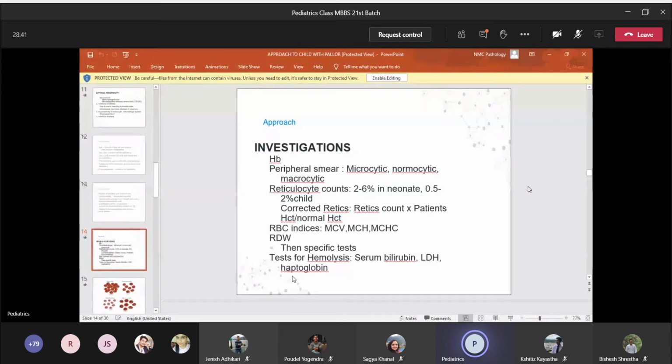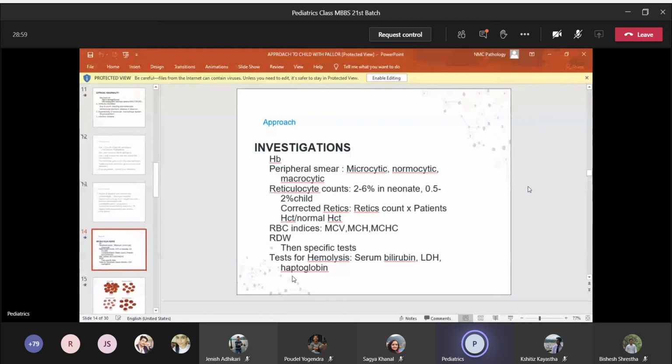So how to calculate the corrected retic count? Here is the formula you can see. The other investigations we have to see are RBC indices: MCV, MCH, MCHC, RDW, red cell distribution width.